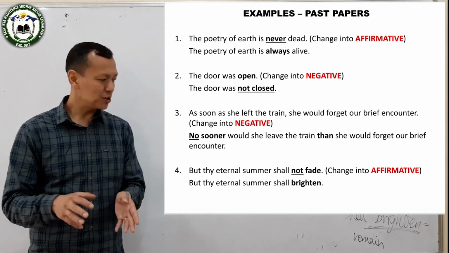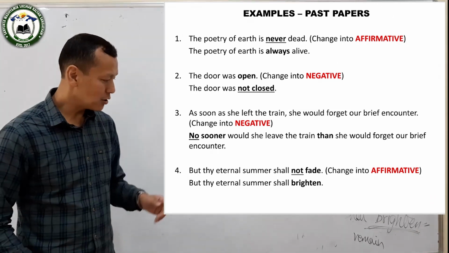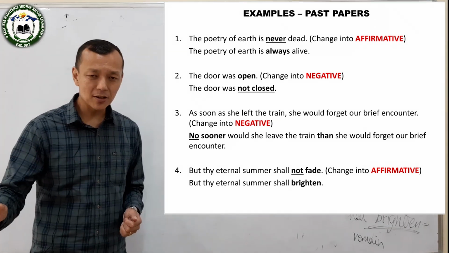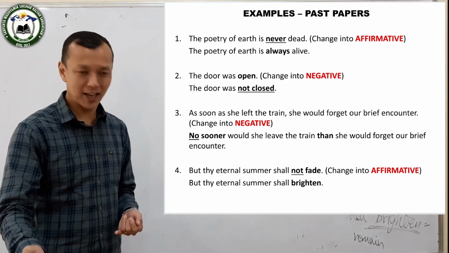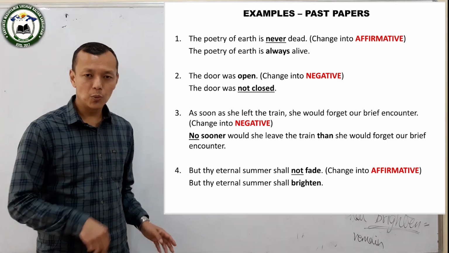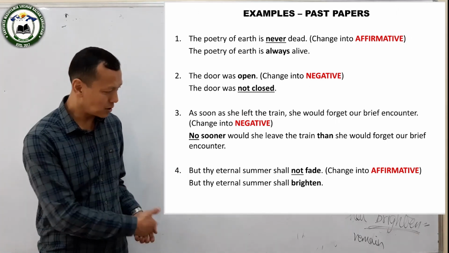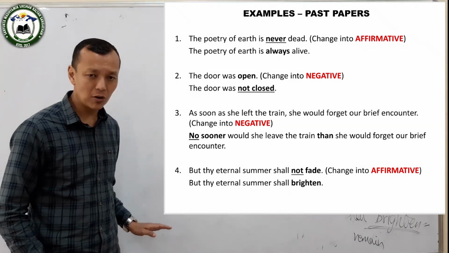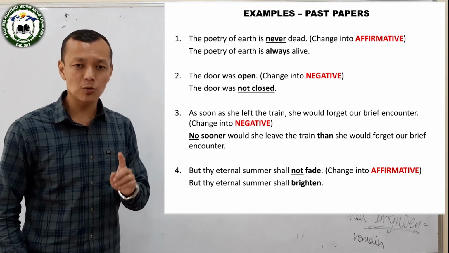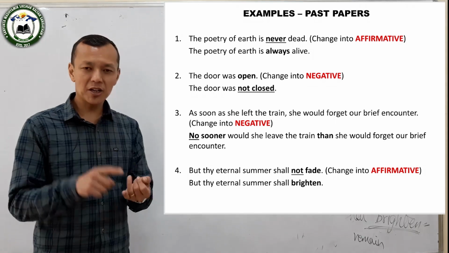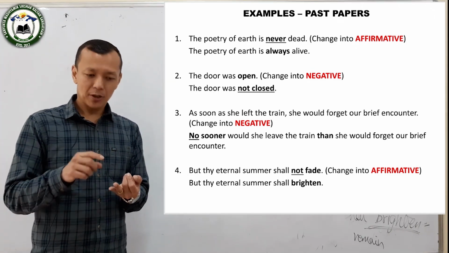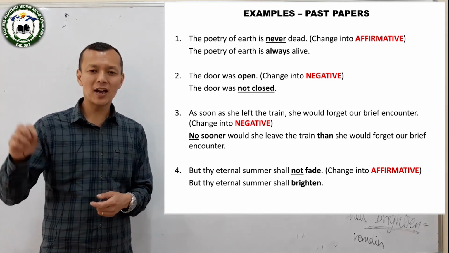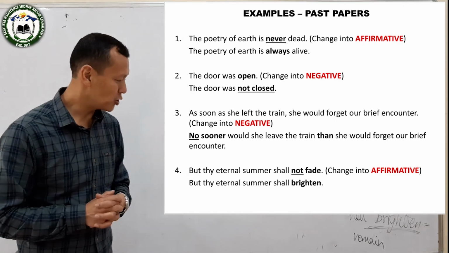Not fade को opposite brighten भयो. Instead of saying brighten you could also say but thy eternal summer shall remain bright. Fade को opposite bright लेखेका छौँ. So in the answer we did not use the word not, so our answer becomes affirmative. You will notice in 1, 2 and 4 that we have used opposite words. Also remember that in affirmative or negative changes you have to either insert not or remove not, and along with that you must also try and use an opposite word to make the change, as we have done.